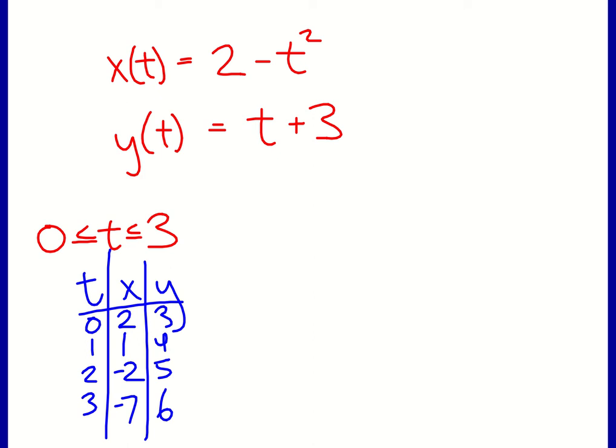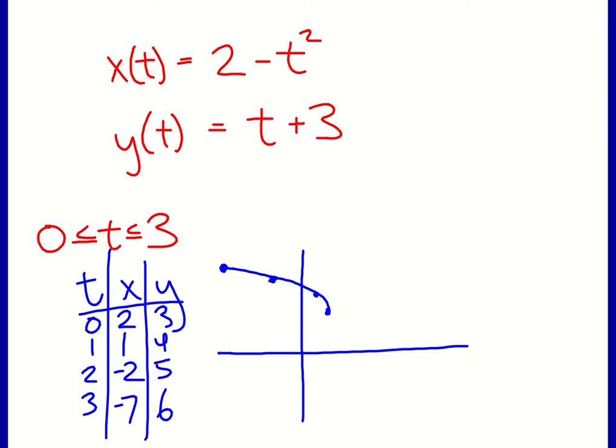So when I graph the path, I'm going to be graphing the xy points. So t does not by default show up in the graph. I would graph the point (2, 3), and then (1, 4), and then (-2, 5), and (-7, 6). And I would see that that's what the path would look like.